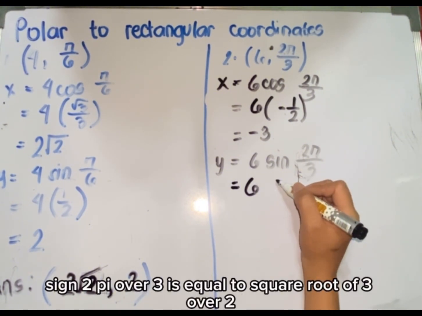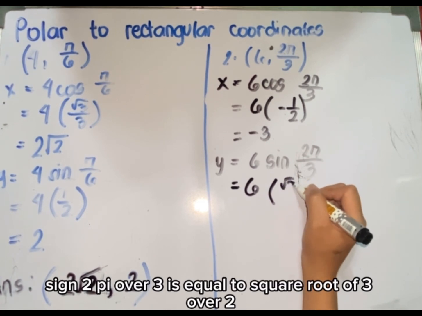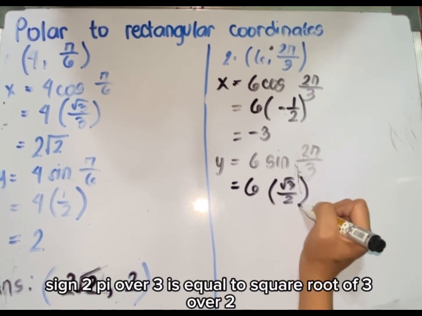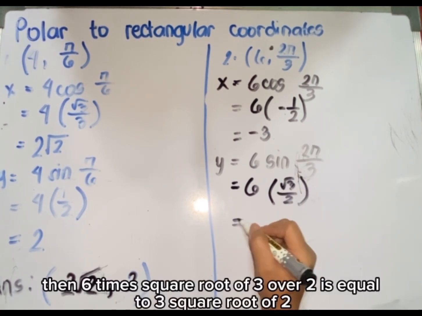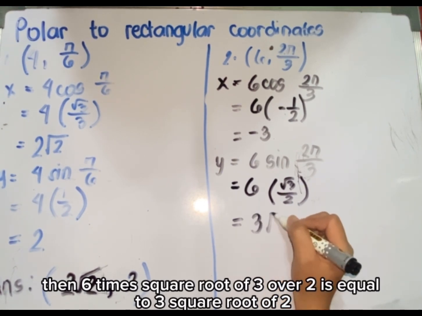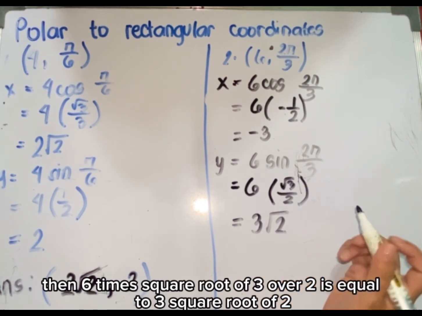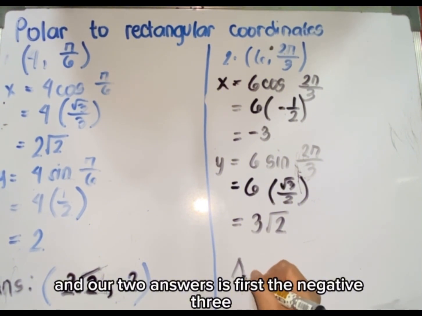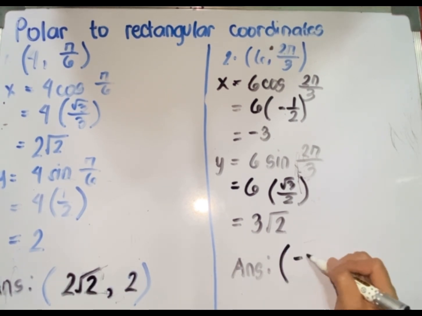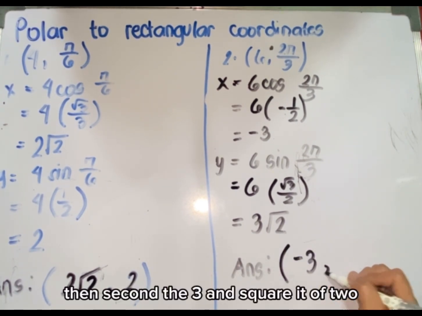Sine 2 pi over 3 is equal to square root of 3 over 2. Then 6 times square root of 3 over 2 is equal to 3 square root of 3. And our two answers are, first, negative 3, then second, 3 square root of 3.